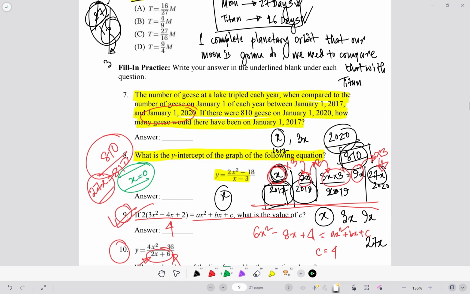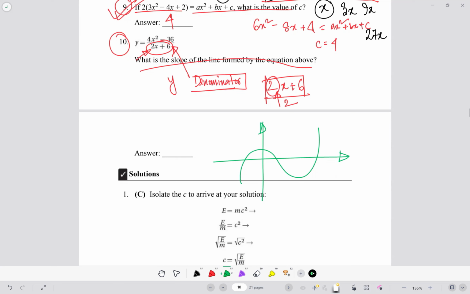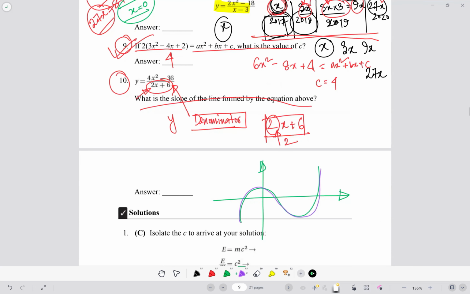Because y-intercept means, for example, just consider this two-dimensional coordinate system and this simple graph, and the point in which this green curve is crossing the y-axis, because they're asking you the y-intercept. So we just need to consider the y-axis. That is this point, the only point.